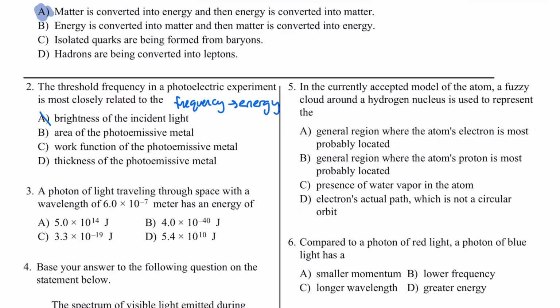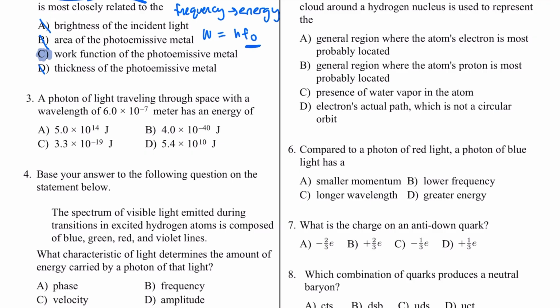B is wrong because why are we talking about area? C is correct because it talks about work, and remember that work and energy are related. And also D is just wrong because where did thickness come from? Also, you can remember the equation work function equals h times threshold frequency. Threshold frequency, threshold frequency. There's a relation right there.